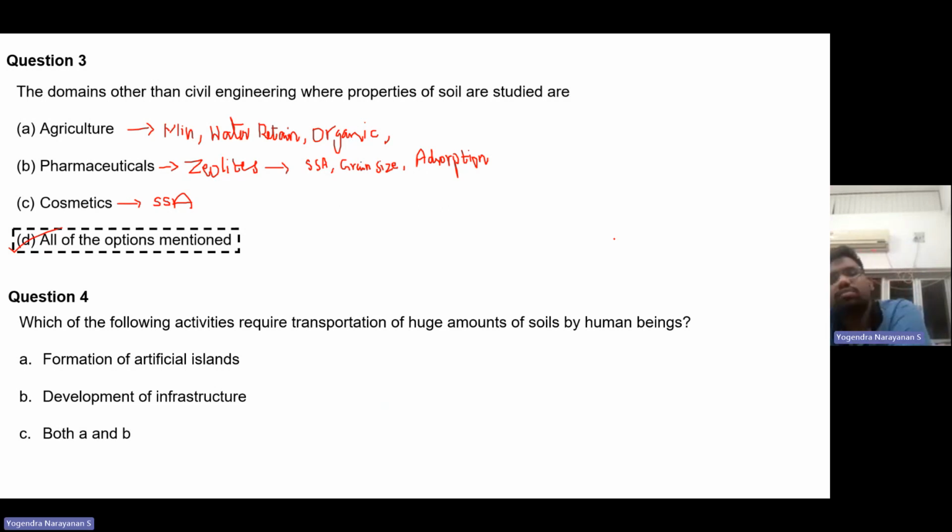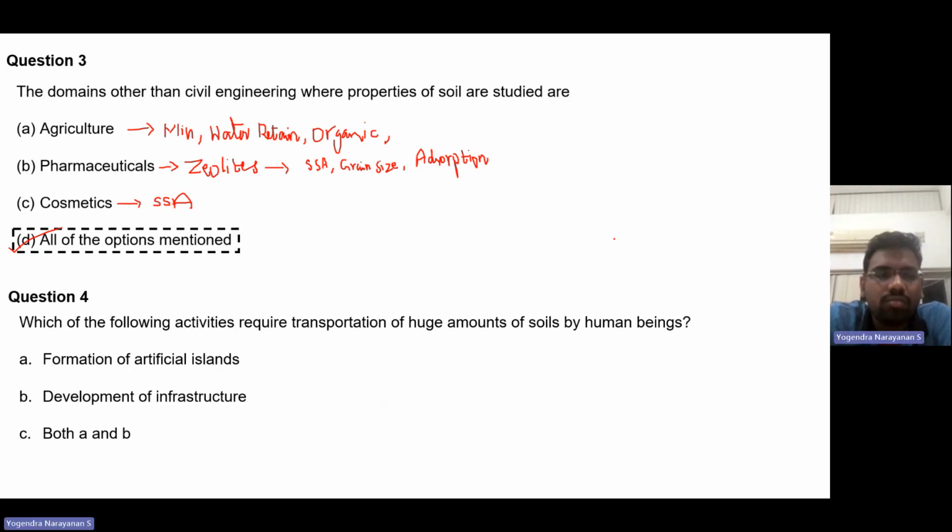One of the beautiful examples where one of the largest cities of the world has been built on reclaimed land is Mumbai, and the famous palm islands are some of the examples of artificial islands. Creation of artificial islands is going on across the country and the world, which is requiring enormous amounts of soils to be transported from one part to another.